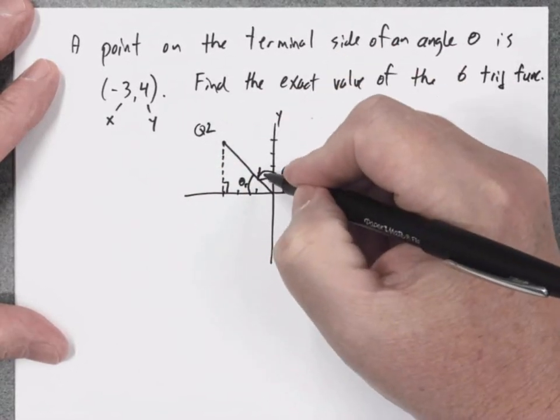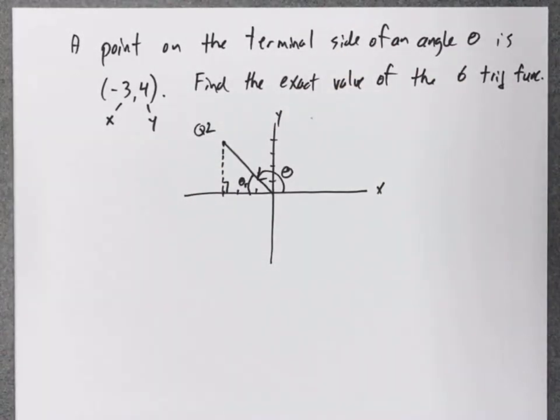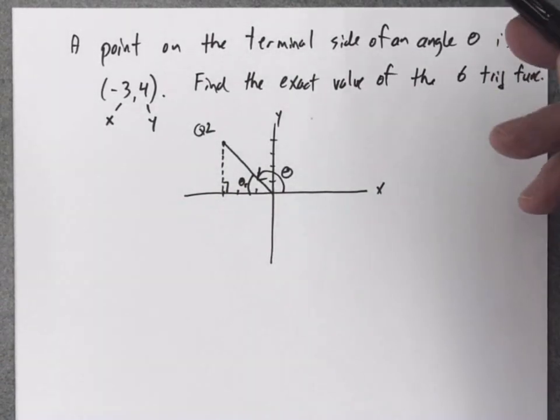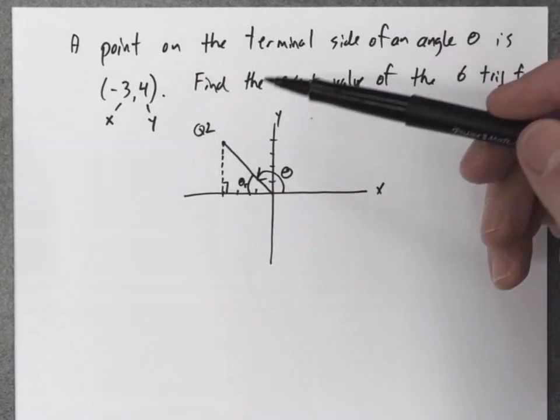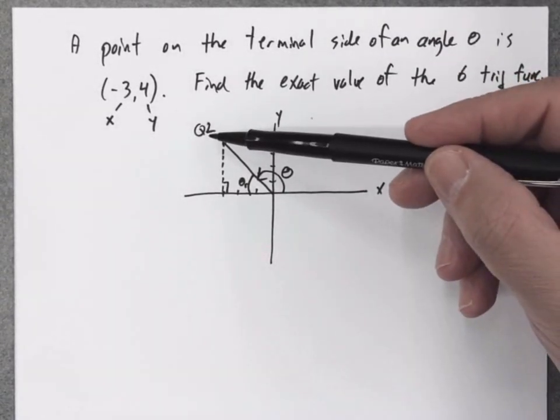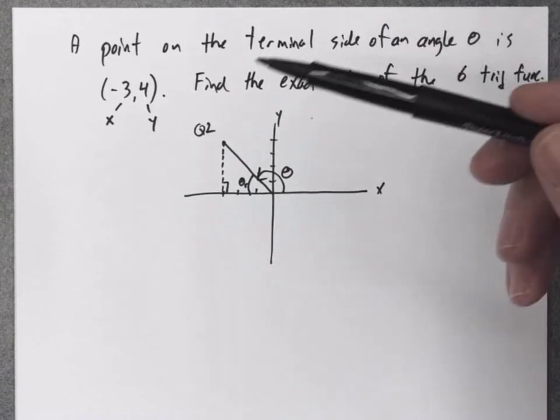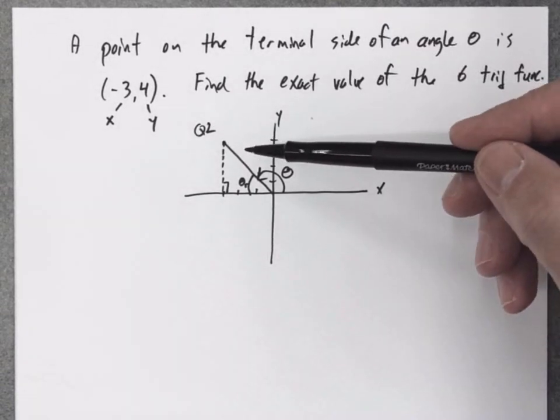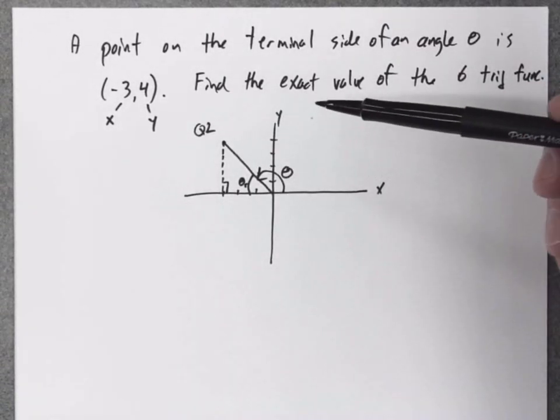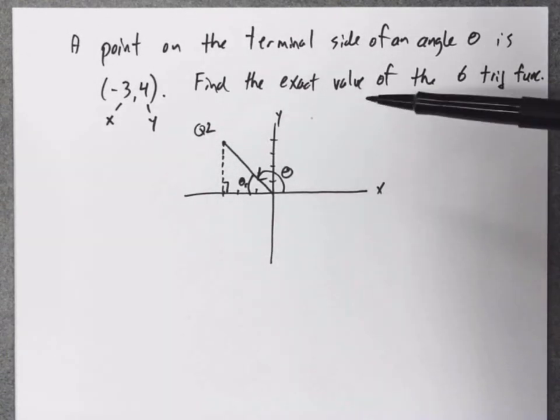Hopefully you can see we are in quadrant 2 here. So after I go figure out the numbers for each of the 6 trig functions, I then have to go check and say, okay, for the sine in quadrant 2, what should it be? Positive or negative? For the cosine, what should it be? Positive or negative? For the tangent, what should it be?